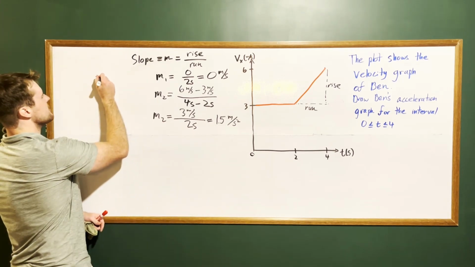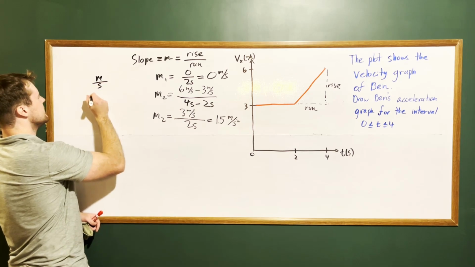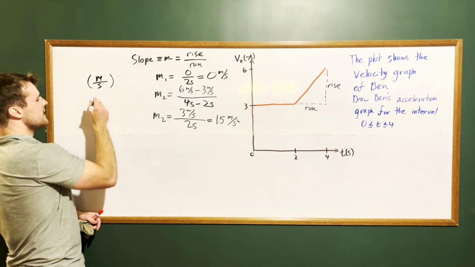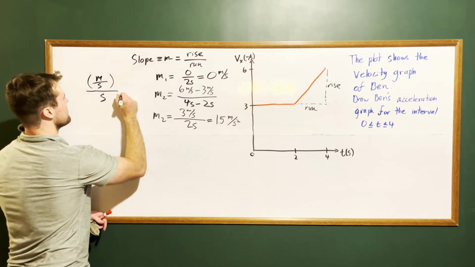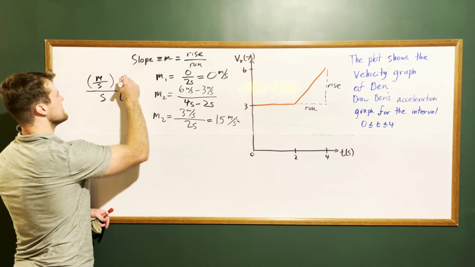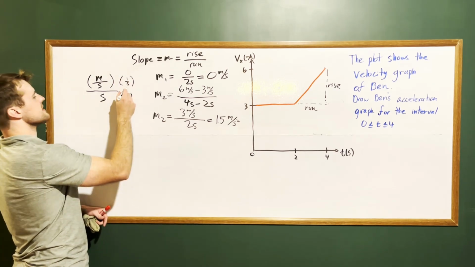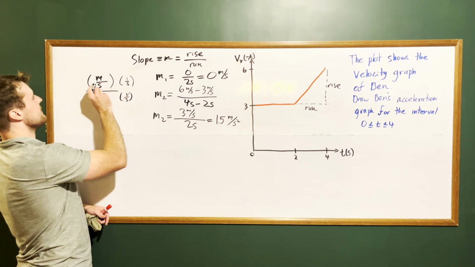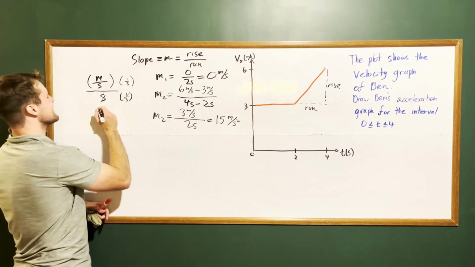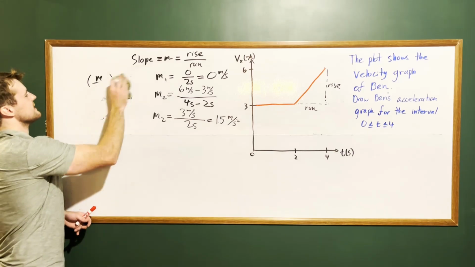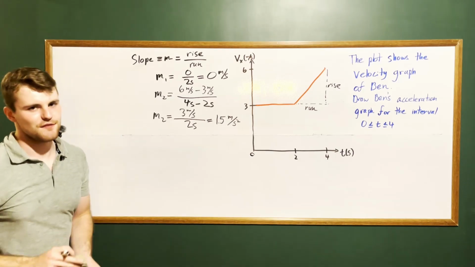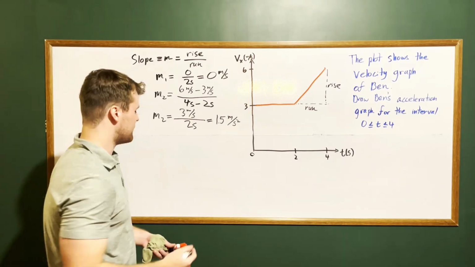Because if we have meters per second, put in parentheses for clarity, divided by seconds, we can multiply top and bottom by 1 over seconds. Of course, these seconds cancel, and then we get meters divided by seconds squared. But you don't really have to understand that if that doesn't make a lot of sense to you. It's fine. So now let's just graph these slope values.